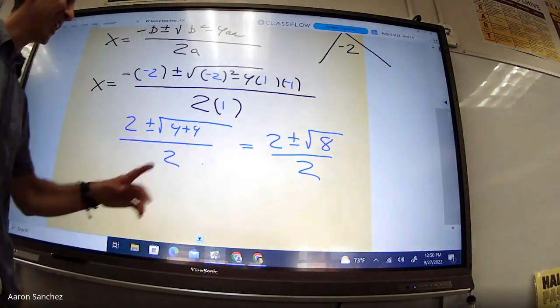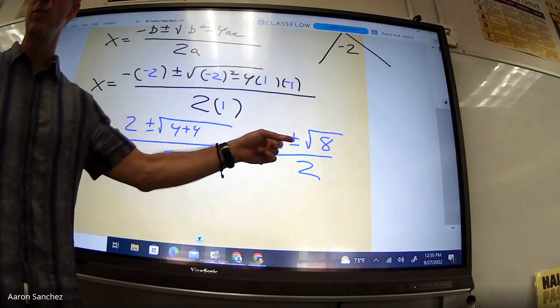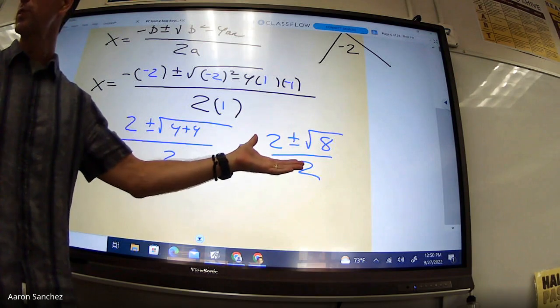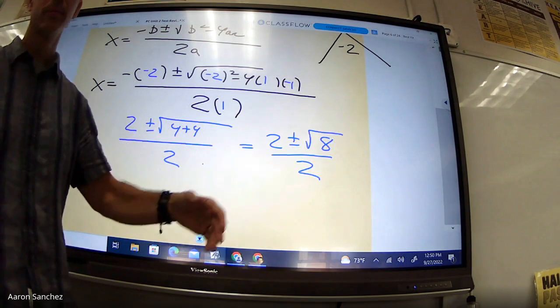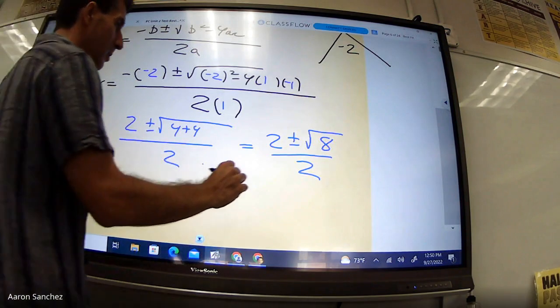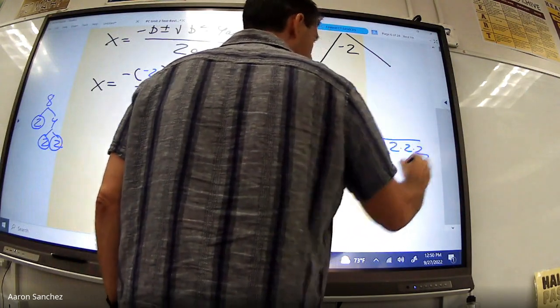Now, if you put this, or that, what was it, 5 square root of 200 or something like that, I would accept that, but you get bonus if you simplify it all the way. Square root of 8. 8 is 2 times 4. 4 is 2 times 2. So square root of 2 times 2 times 2 is my 8.